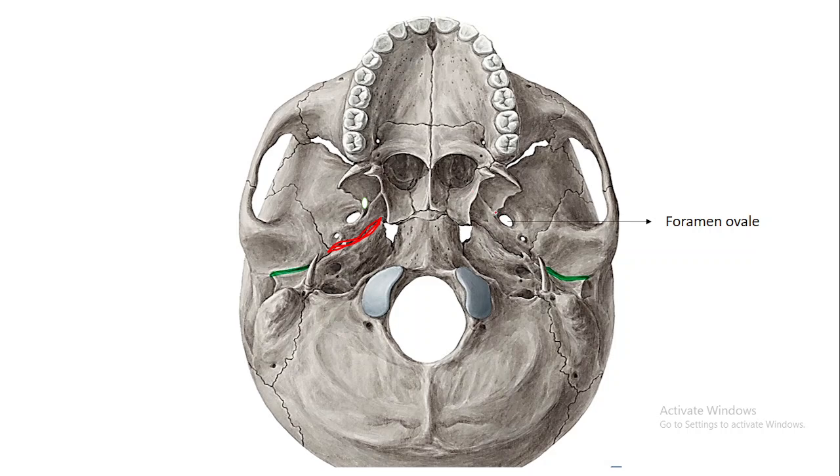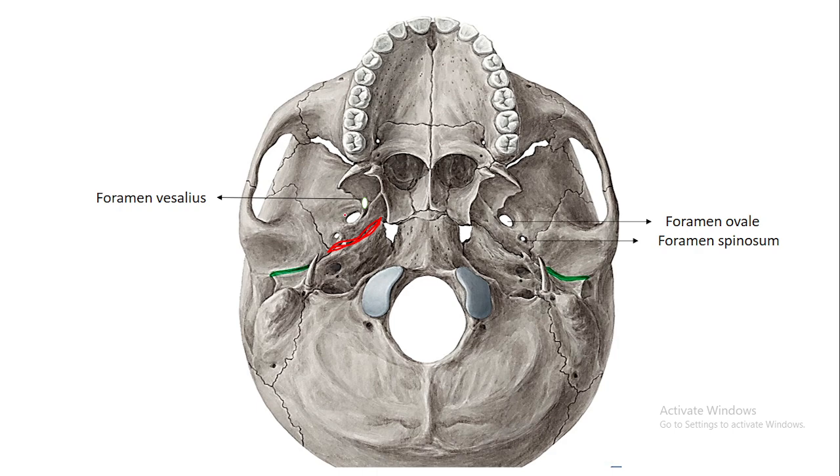Then posterior and lateral to it there is another foramen which is smaller in size. This is the foramen spinosum.